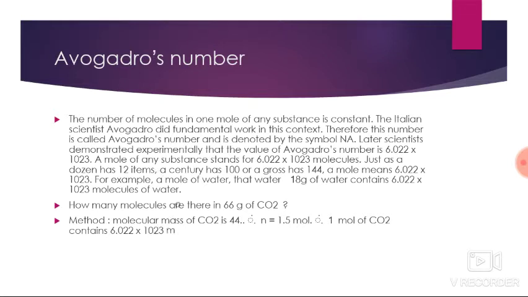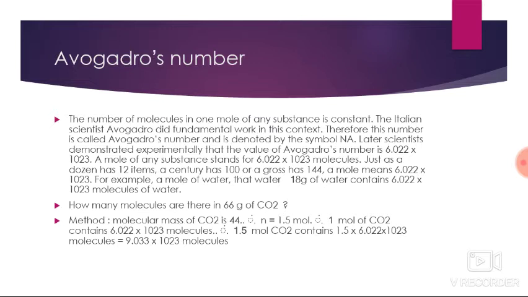Remember this number, we are going to use it in many sums. So this is a very important number. It states that 1 mole of a substance has 6.022 into 10 raised to 23 molecules. It can come as a question: how many molecules are there in 1 mole of a substance? The answer is 6.022 into 10 raised to 23 molecules.